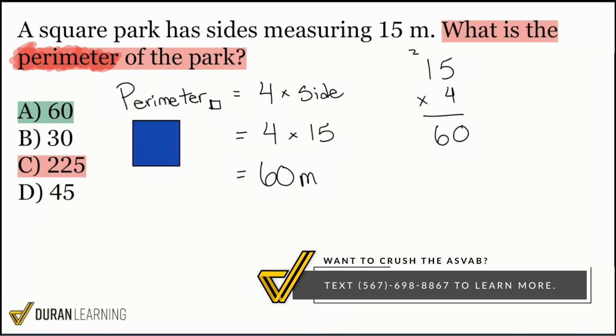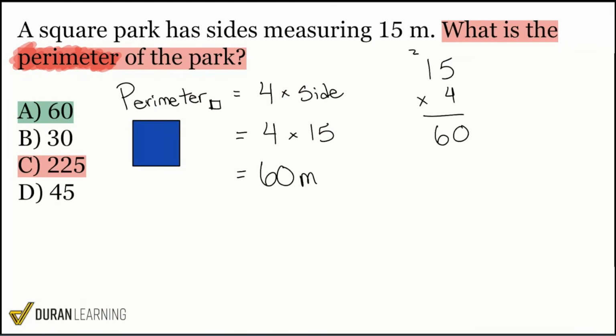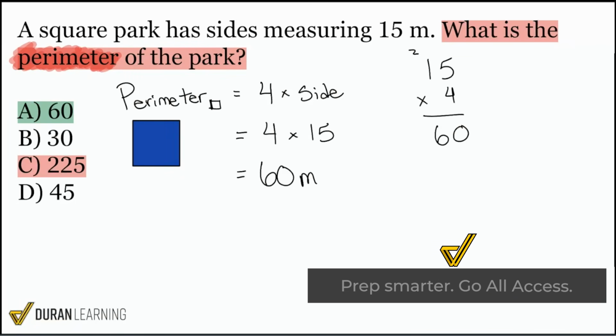Now, why did we get 225? Well, I think the easiest way to explain this is we might have gotten this confused with the area. We might have gotten this confused with trying to find area. In the confusion and the rush and the pressure of being timed, it's okay if some of us said, okay, cool.